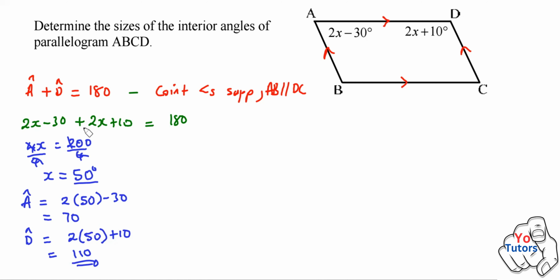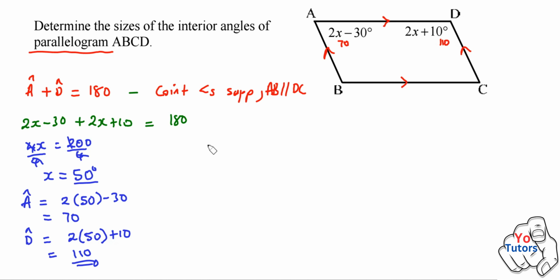So we now know there is 110, there is 70. Then what can we also say? Because remember, we want to calculate all the interior angles, so we are left with B and C. We know that it's a parallelogram, and if it's a parallelogram, opposite angles should be equal.